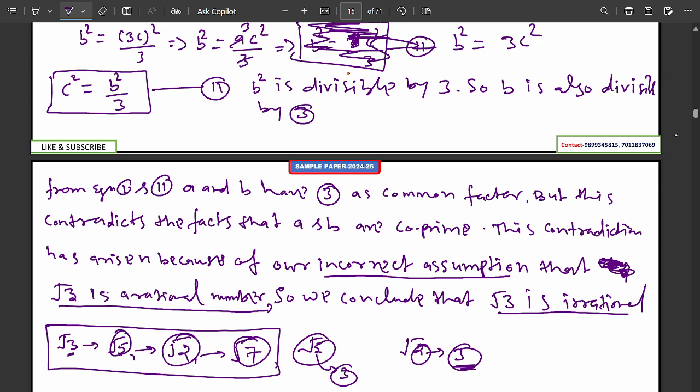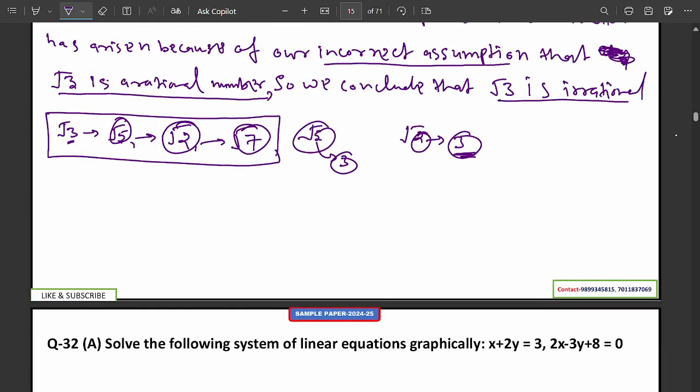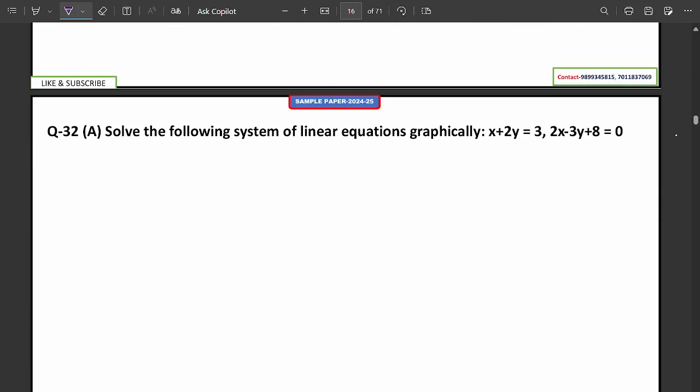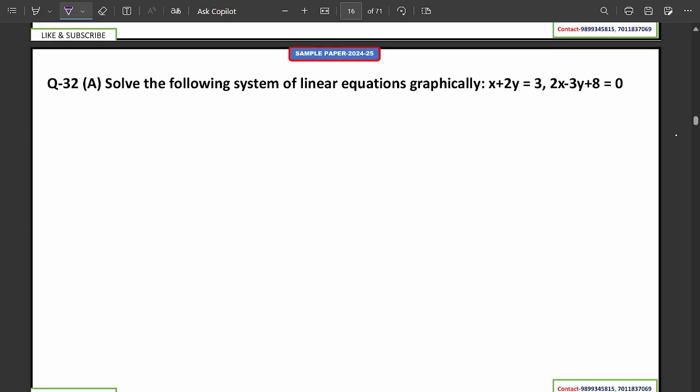Every year this is an important question for the CBSE board examination. The next one, question number 32, is: solve the following system of linear equations graphically. So you all know, this is another important question.